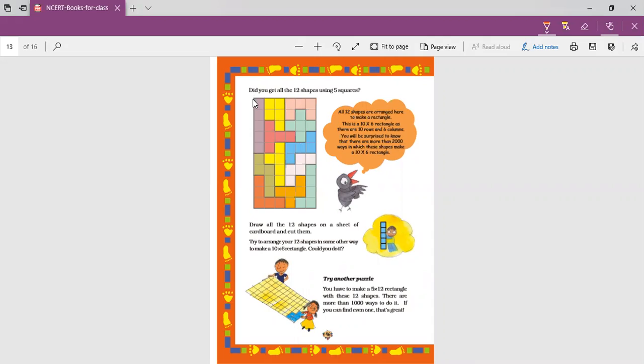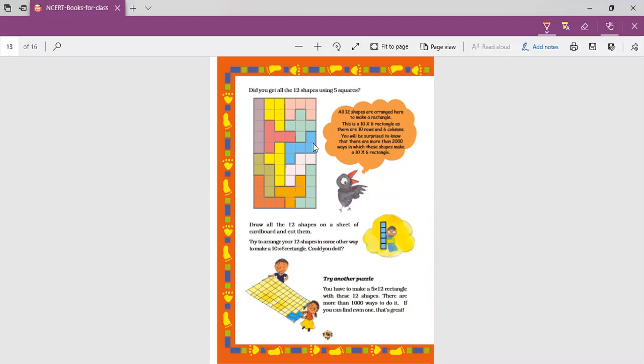You play puzzles, that picture puzzle or vegetable puzzle. Yes, that is what they have given. What they are asking is, when you draw shapes in that square grid, cut those shapes and arrange them in such a way that they form a rectangle.